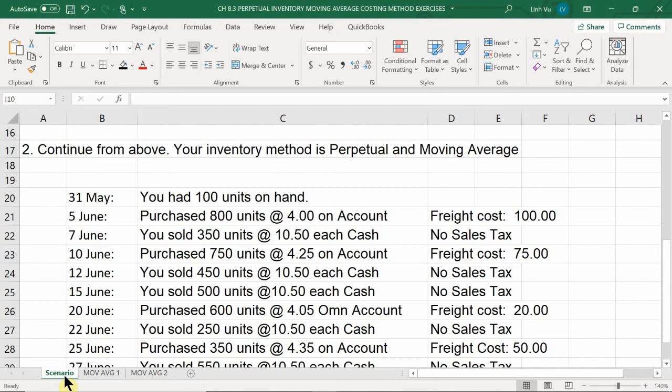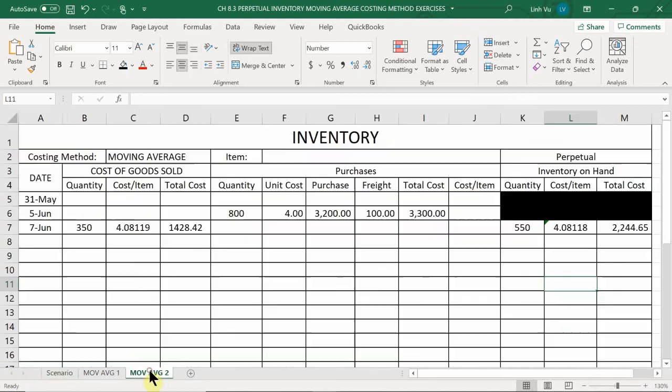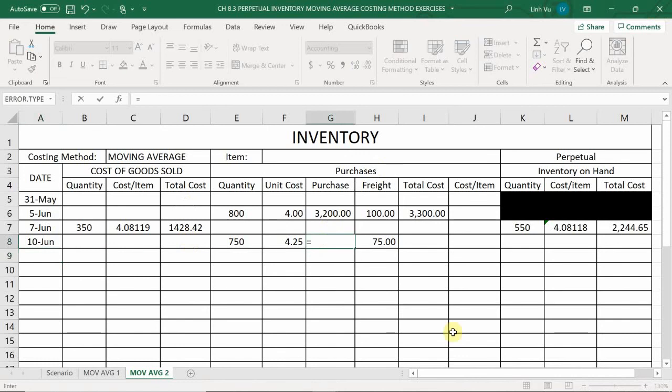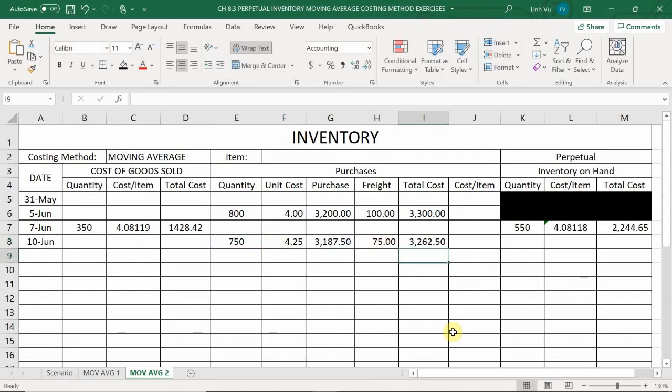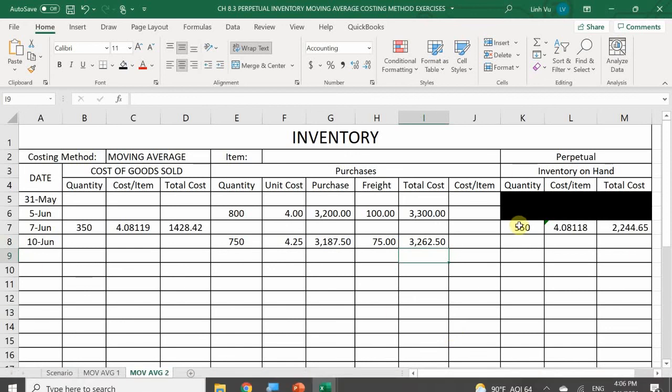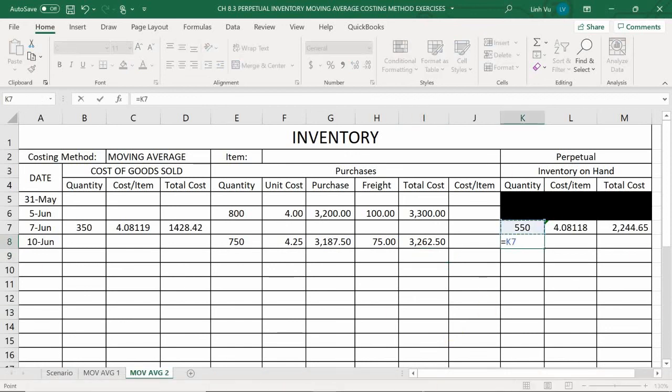So in this case, what is my total purchases? 3,187.50. Good. Plus 75 is 3,262.50. Okay. So let's add that to our inventory on hand.